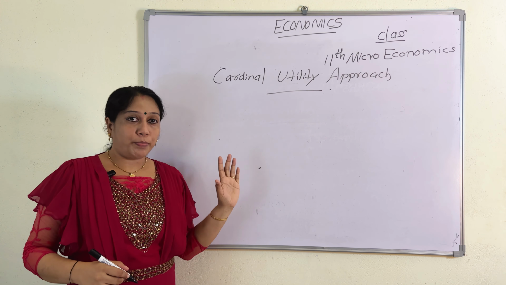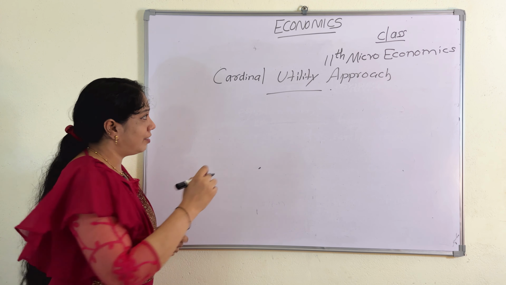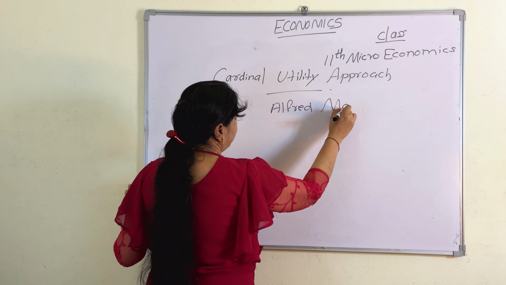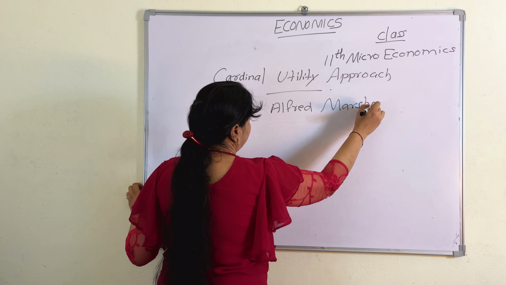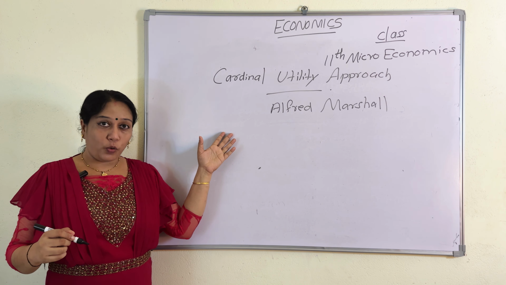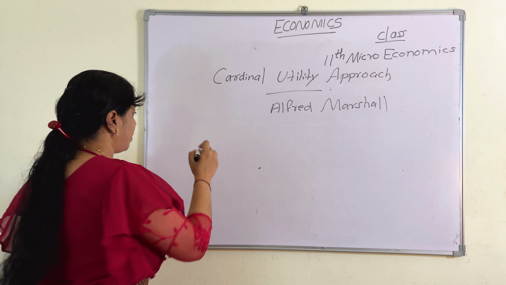The cardinal utility approach was introduced by the famous economist Alfred Marshall, so it is also known as the Alfred Marshall utility approach.